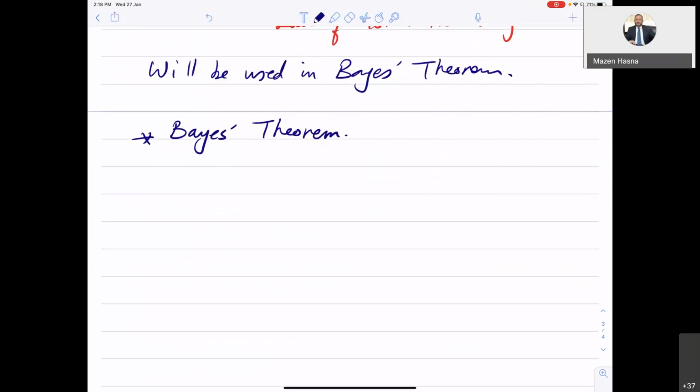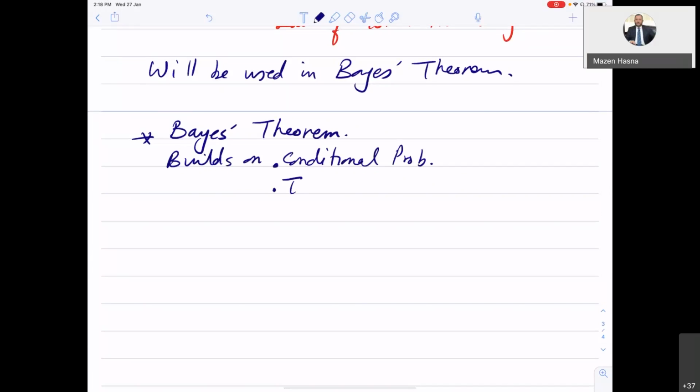Okay. So Bayes theorem builds on both conditional probability and the total probability rule. How is that?